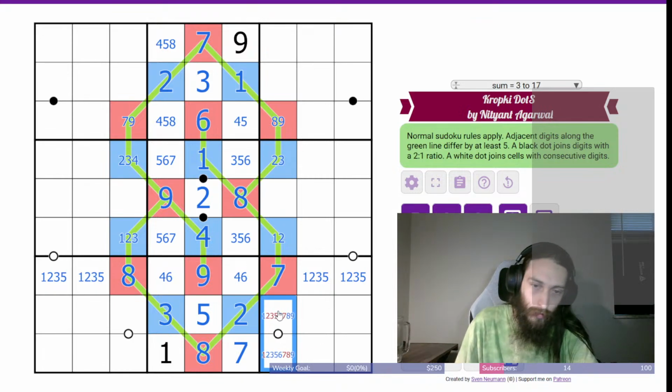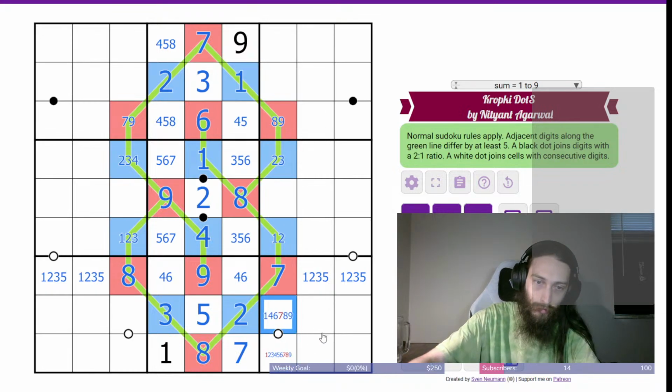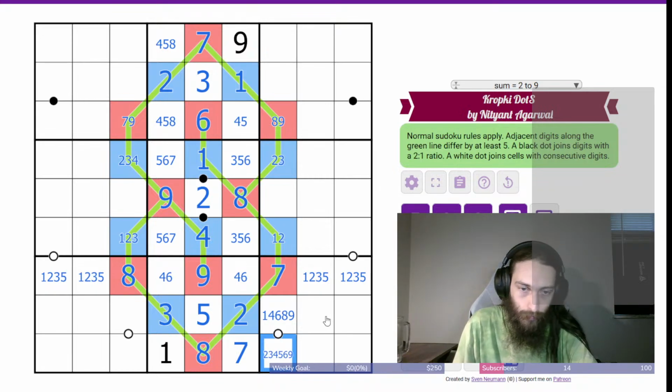If I think about this Kropke dot here, you can't put 2, 3, 5, or 7, 1, 7, or 8. But you can't put a 1 on it at all because it would have to pair with a 2, which would break this one too. Because you can't put a 1, you can't put a 2 on it at all, because that would have to pair with a 3, which would break this 2, 3.